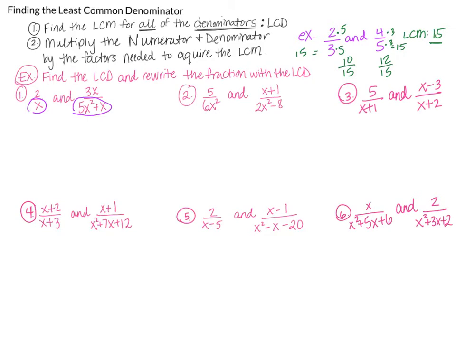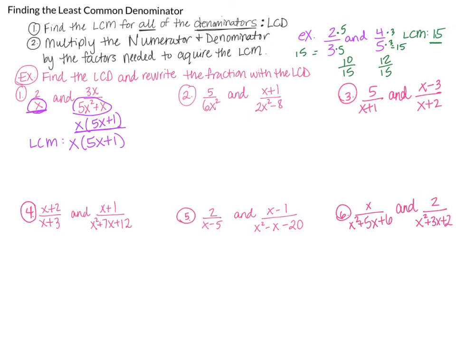The first one's already factored, but the second one I could bring out an x, which is going to give me x times 5x plus 1. So the least common multiple between my x and my x times 5x plus 1 is actually going to be x times 5x plus 1.